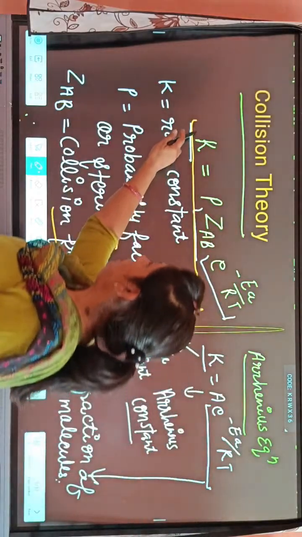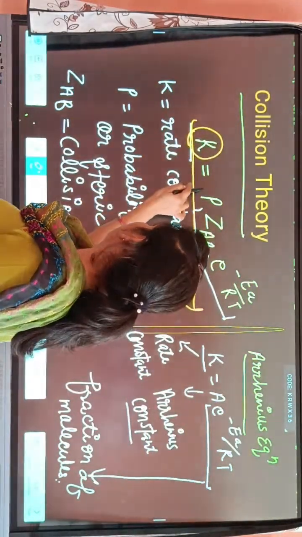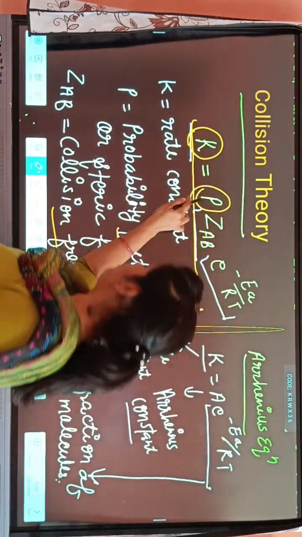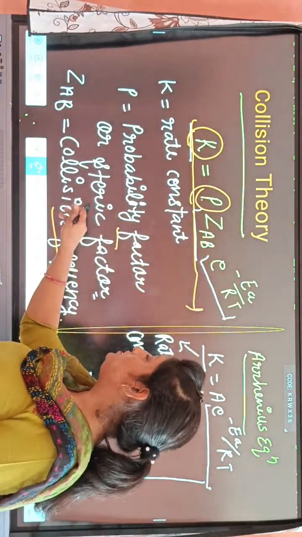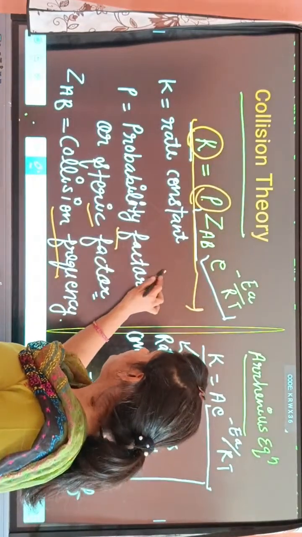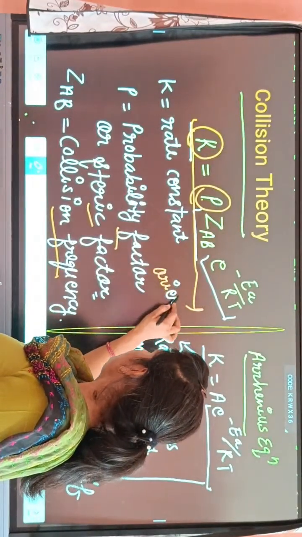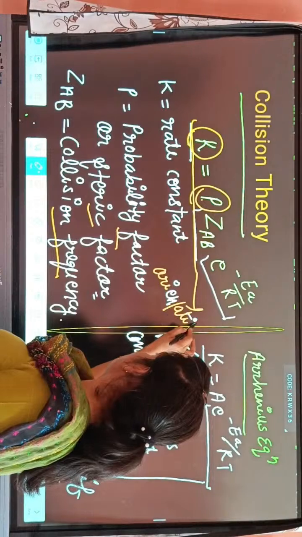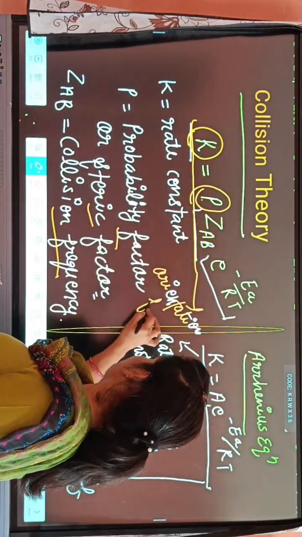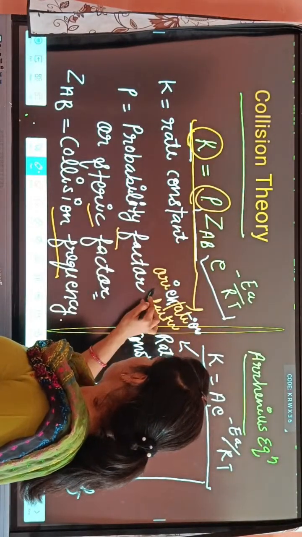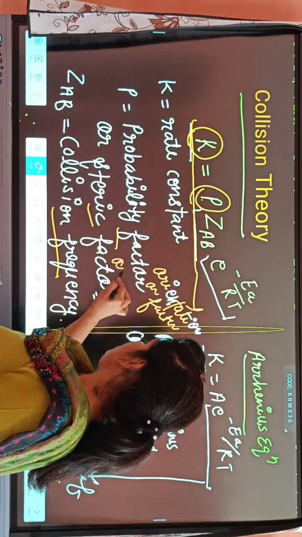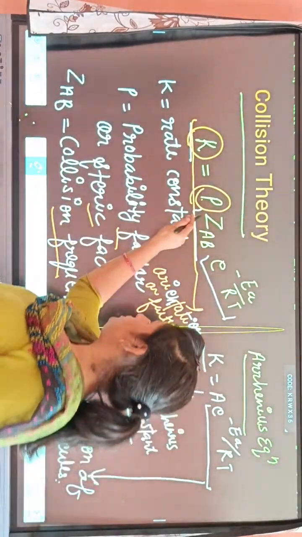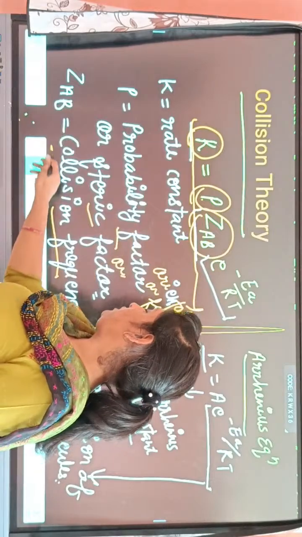This was the equation. Here k is the rate constant, P is the probability factor, or steric factor, or orientation factor. And Z_AB is the collision frequency.